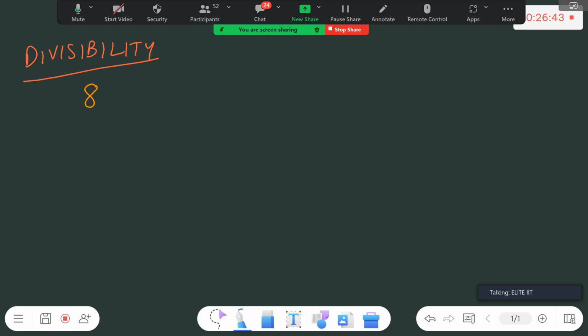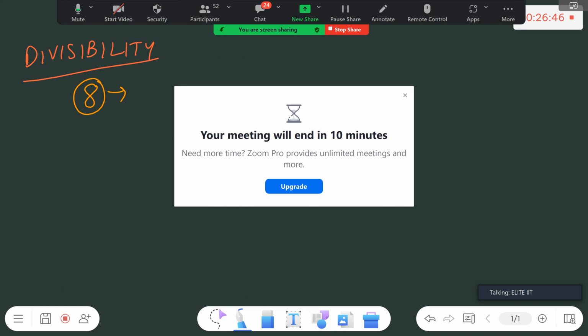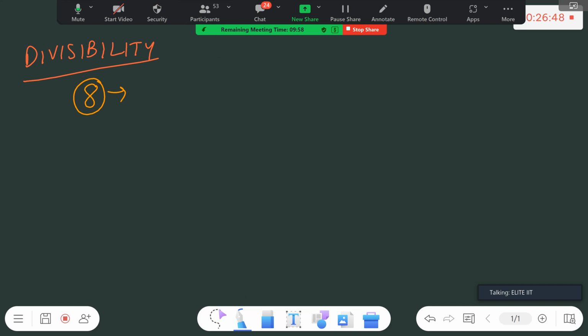So let us see for 8, okay? How can you check for 8? A quick reminder to all the students sitting at home, if the meeting suddenly ends, quickly join again, okay? So now, how do you check the divisibility by 8?